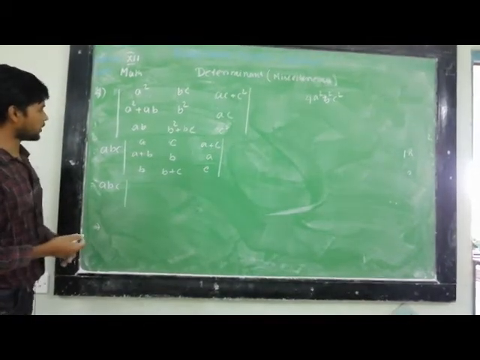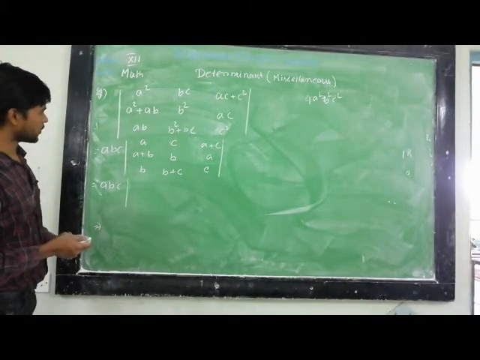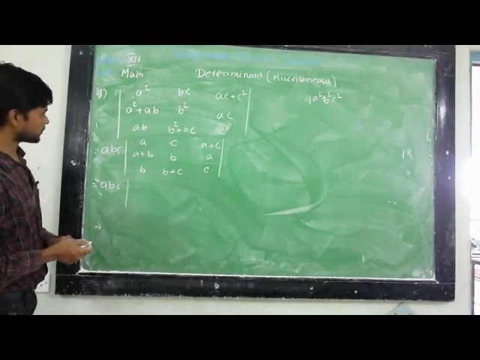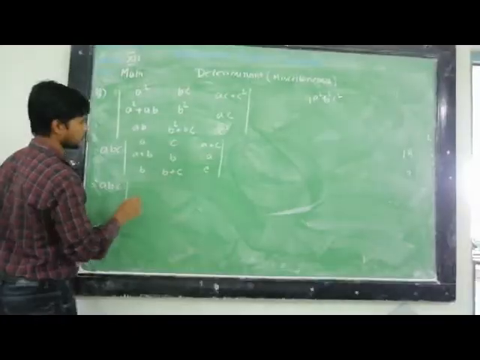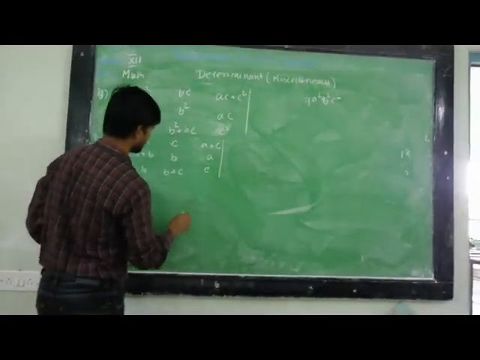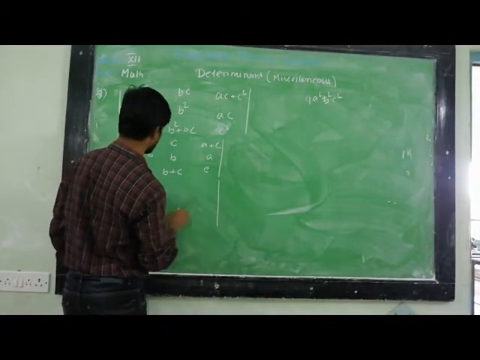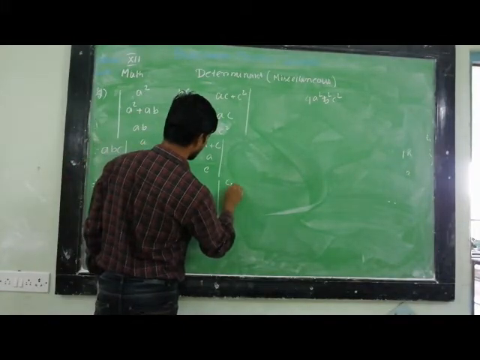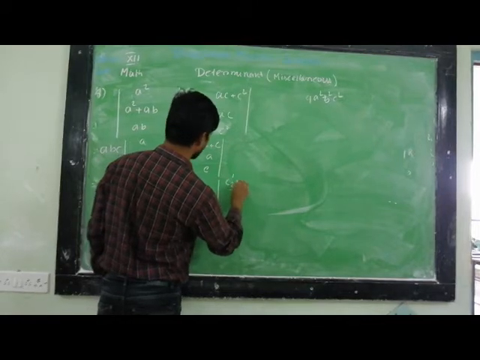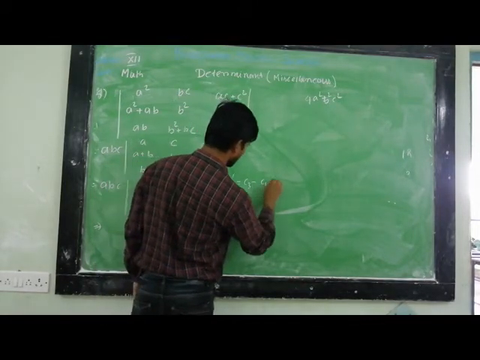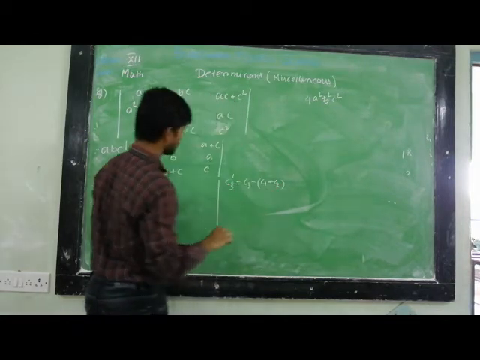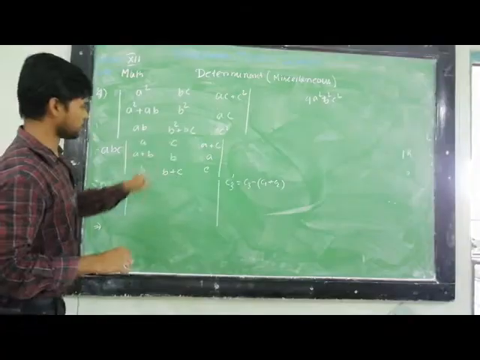Okay, we are applying an operation: C3 becomes C3 minus (C1 plus C2).